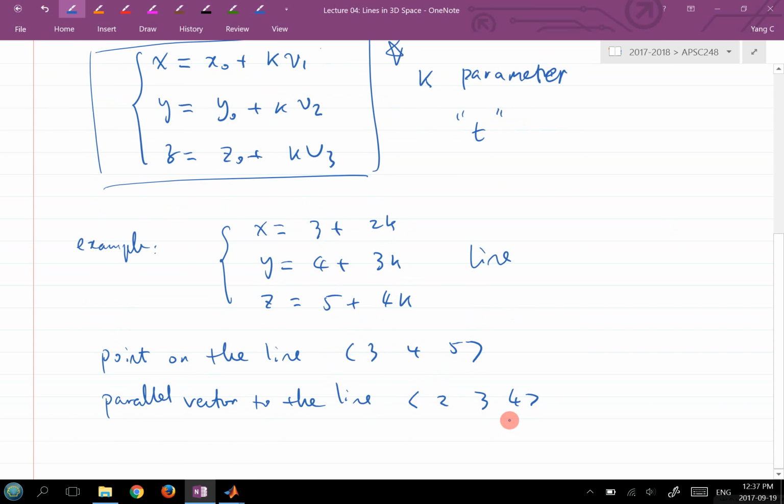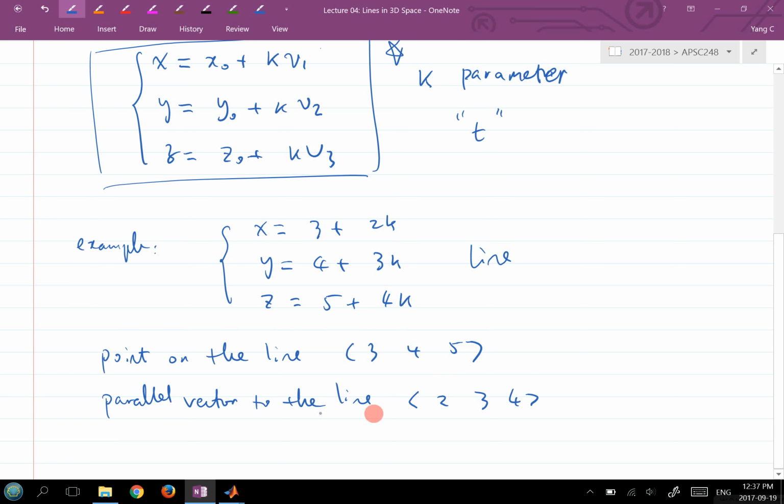But you also have to be clear that this is just the point you choose to use on the line. How many points do you have on the line? Infinite, right? If you set k to different values, you get an infinite number of points on the line, so if you choose a different one, that is absolutely fine.